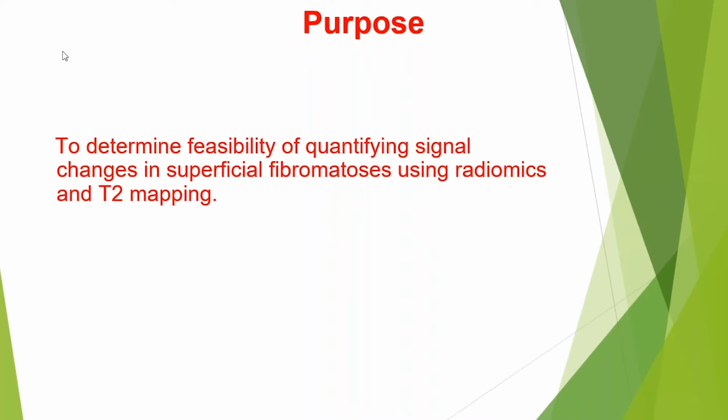The purpose of our work is to determine the feasibility of quantifying signal changes in superficial fibromatoses using radiomics and T2 mapping. Specifically, when we refer to superficial fibromatoses for this discussion, we're talking about the hands and feet.